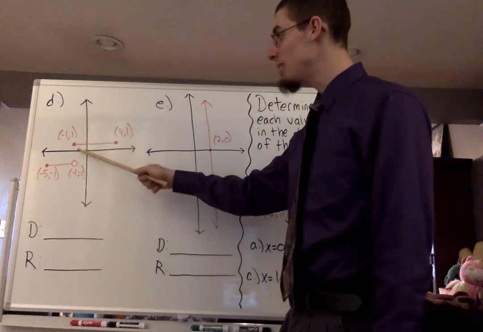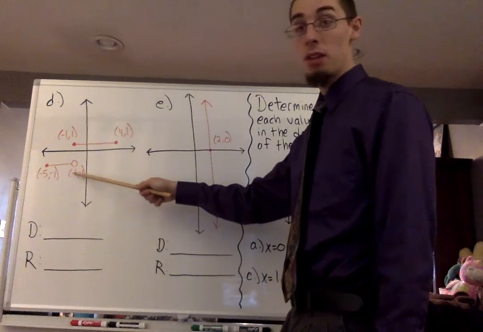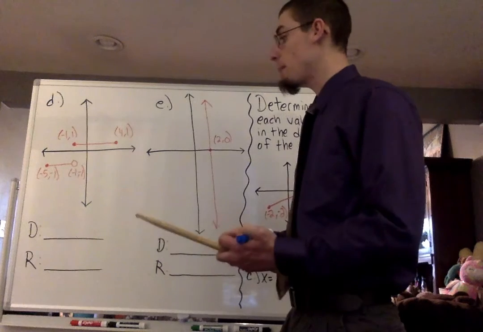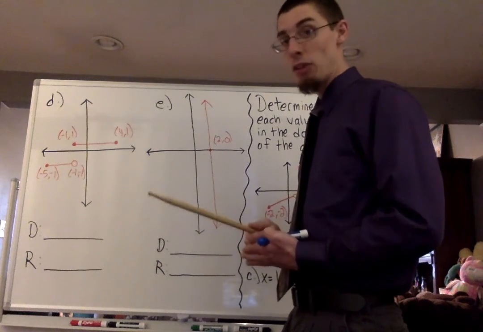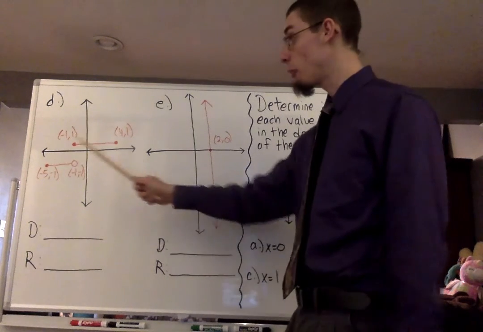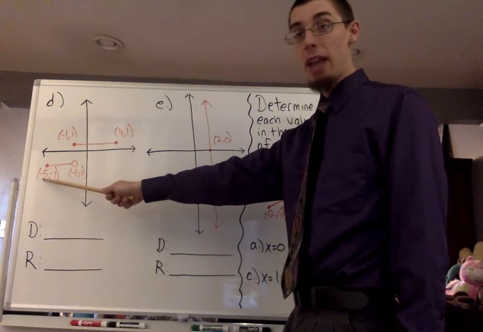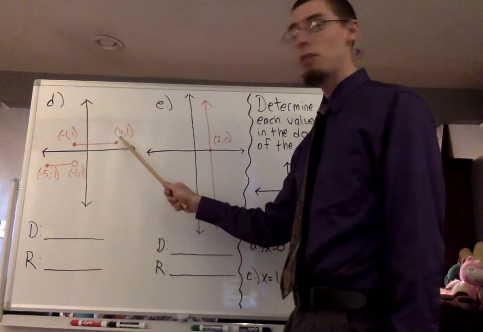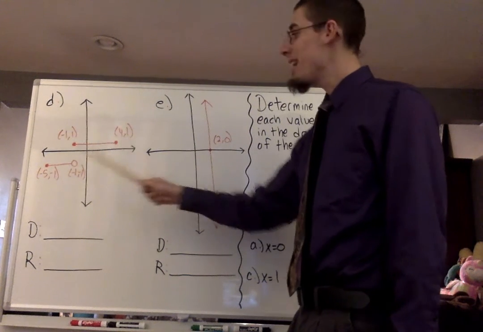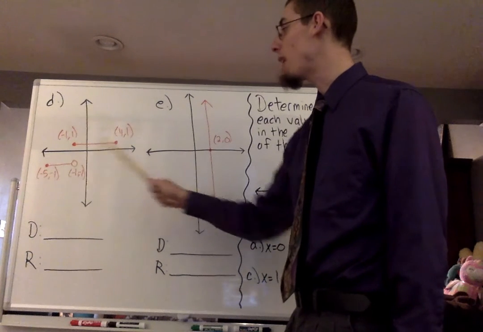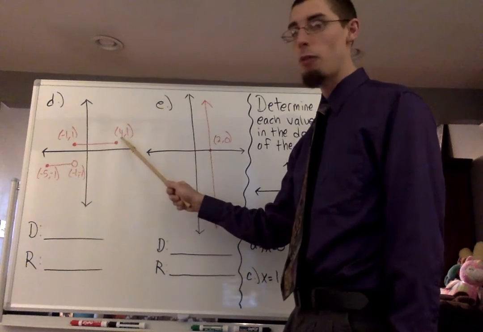Since this one actually picks up where the previous one left off, we could say that the x values, or the domain, for this graph basically just goes from -5 to +4. It's everything in between -5 and +4.